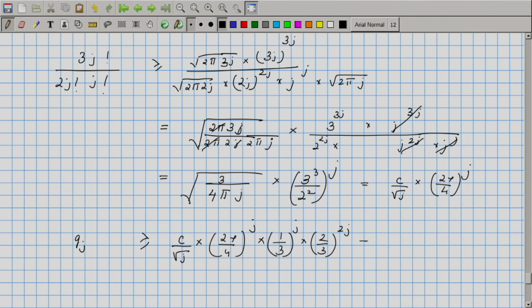Okay. So, this is equal to c by root j times, 27^j is 3^3j, that cancels out from numerator and denominator.